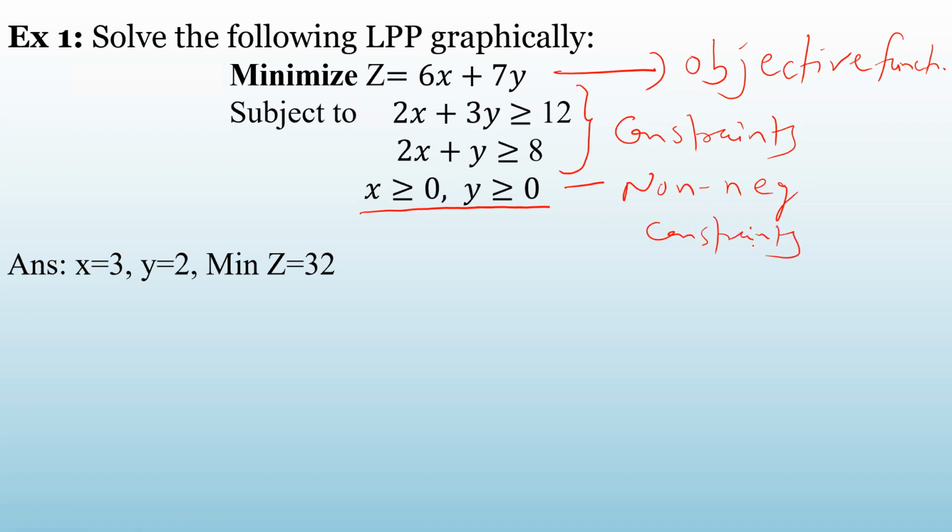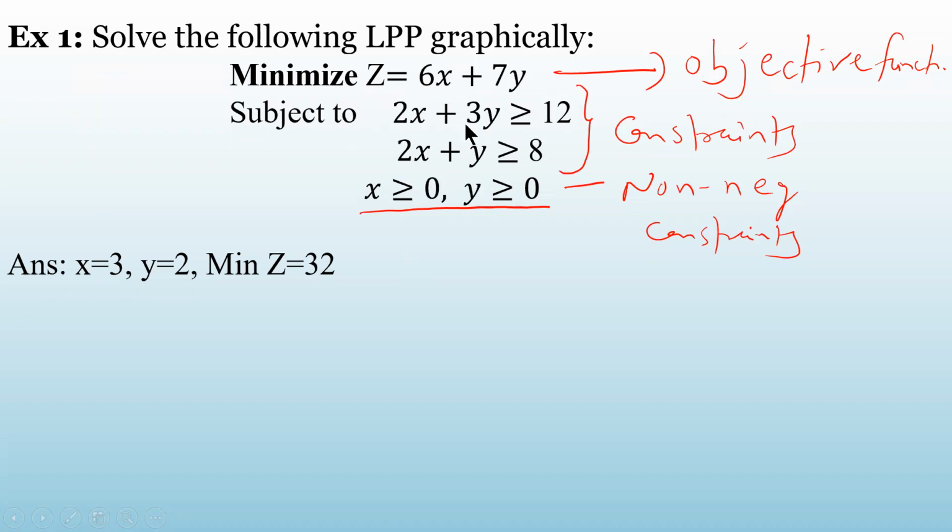These are the three parts of the linear programming problem. Now we are going to solve this by using the graph. So what is our method? The method is the same as we used to find the solution of the maximizing problem. First of all, we are going to find the feasible region for these constraints.